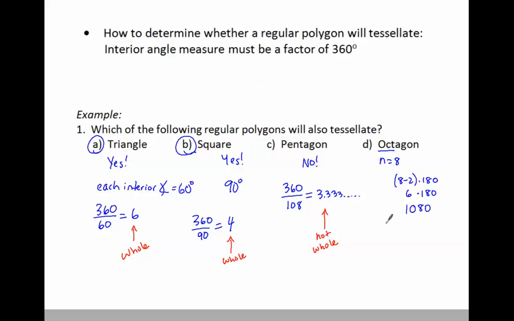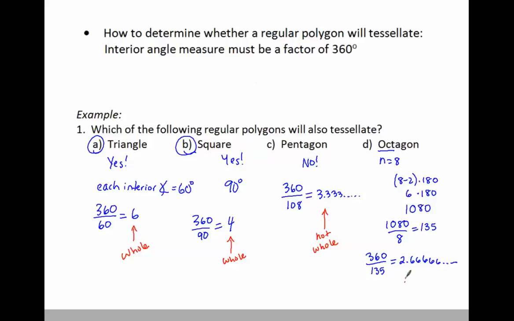Take that, 1080, divide it by 8. 135. 360 is what it has to divide evenly into. 360 divided by 135, 2.66666. Keeps going, keeps going.